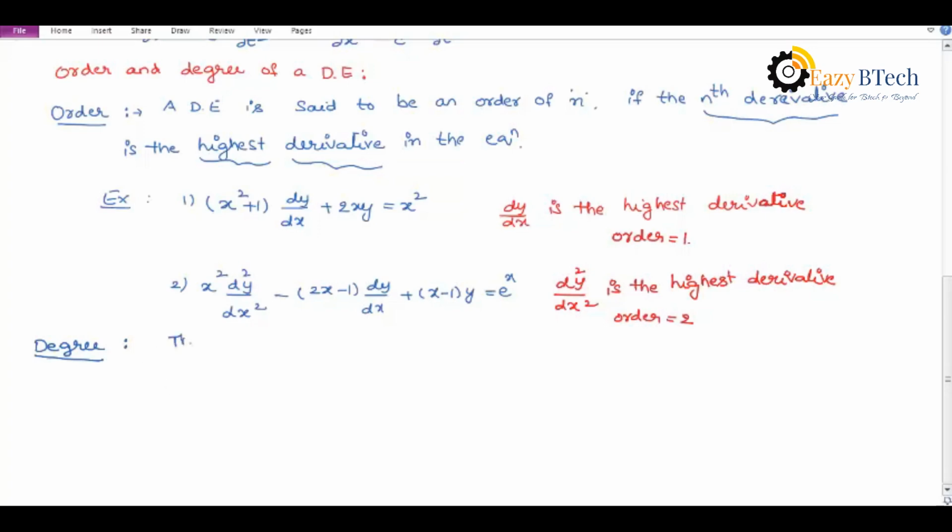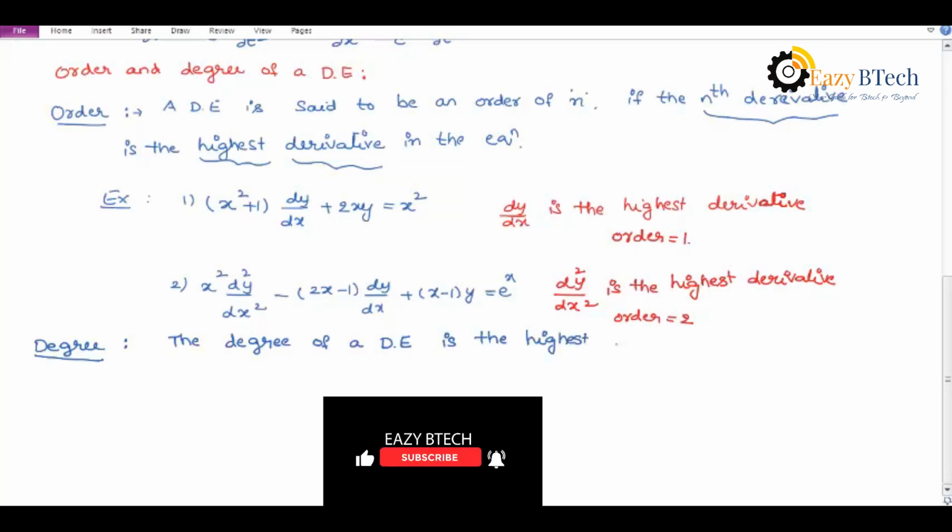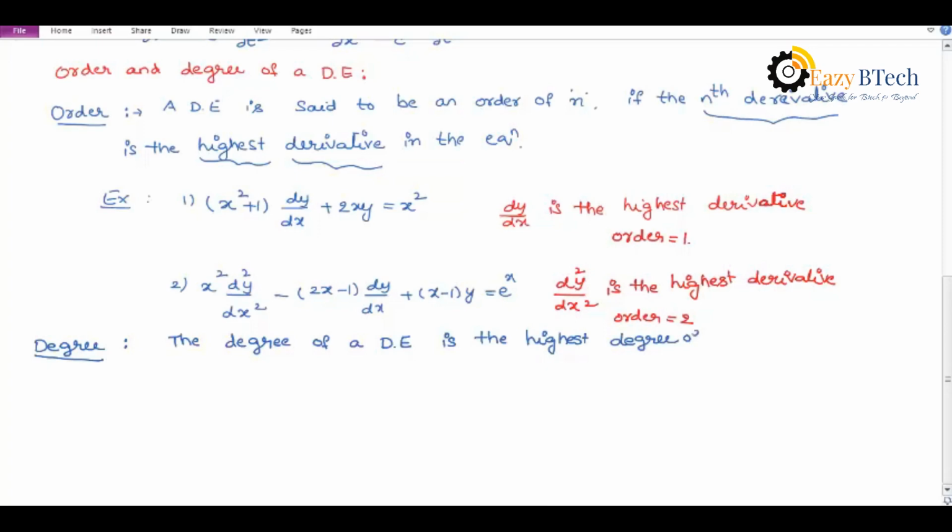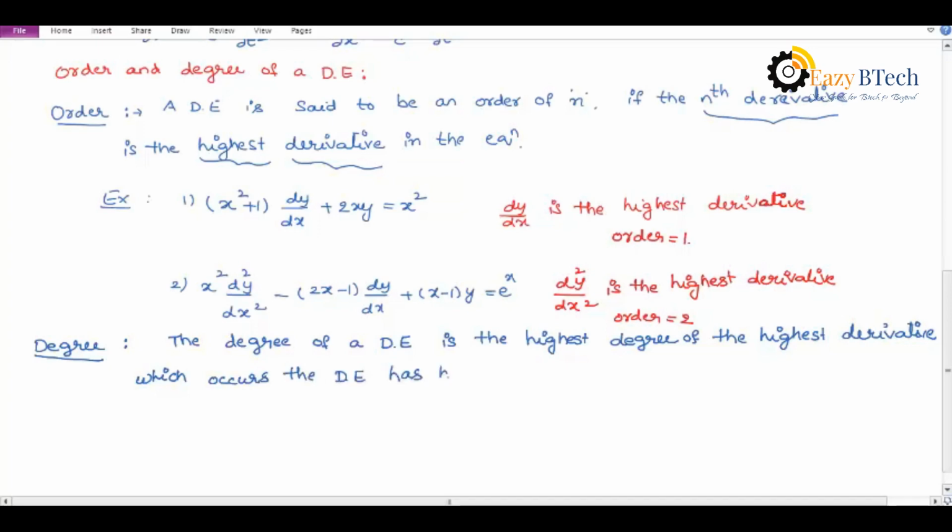The degree of a differential equation is the highest degree of the highest derivative, which occurs after the differential equation has been made free from fractions.